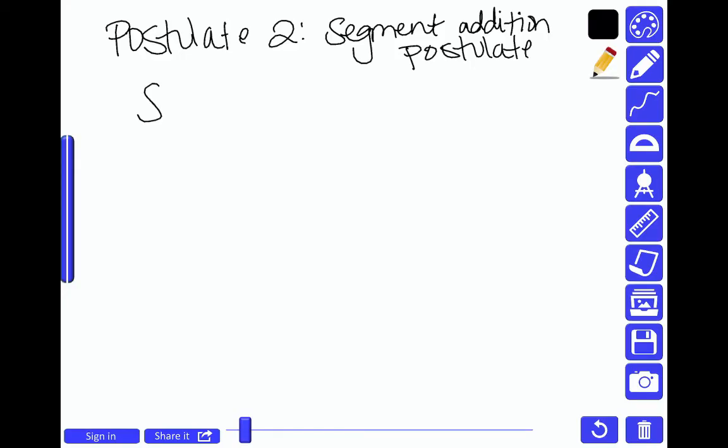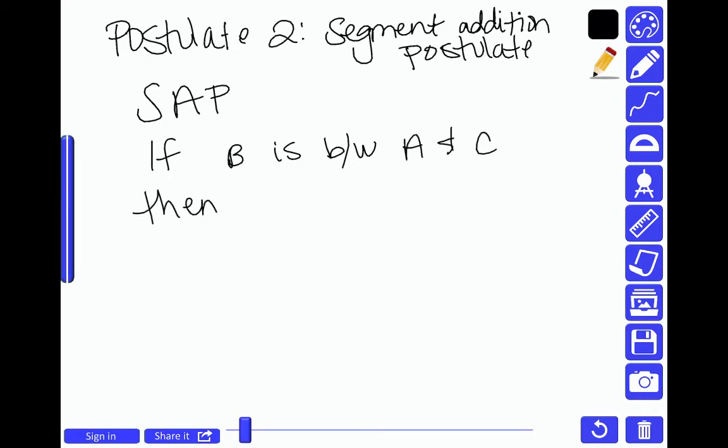The next postulate we're going to talk about is called the segment addition postulate. I will usually abbreviate this with SAP. The segment addition postulate says that if B is between A and C, then AB plus BC is equal to AC.